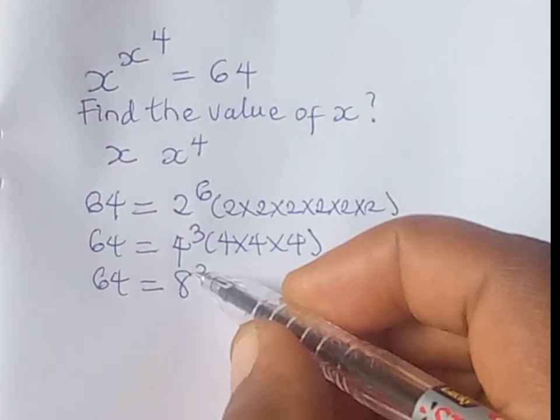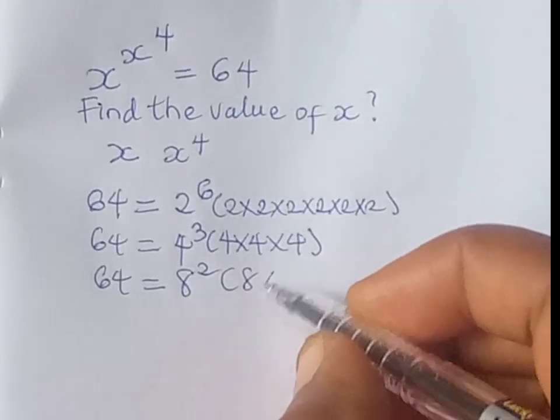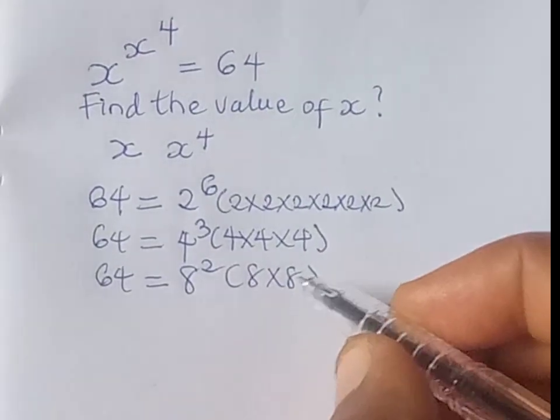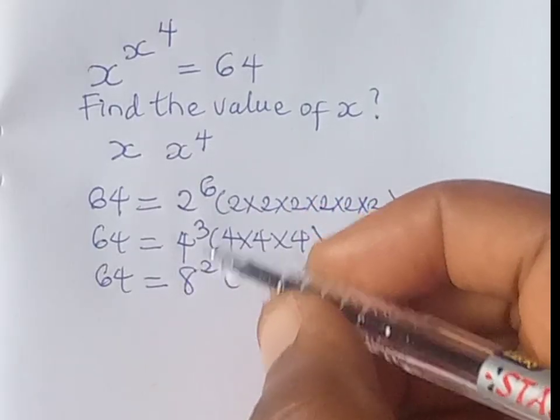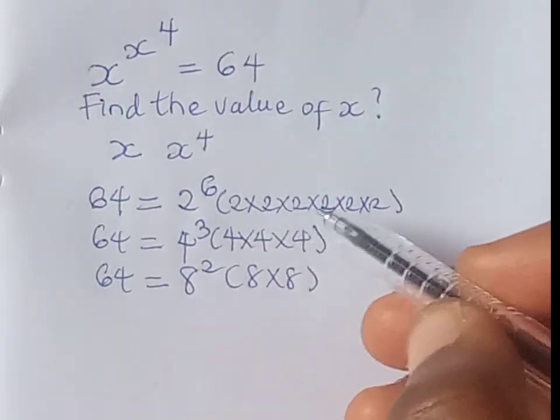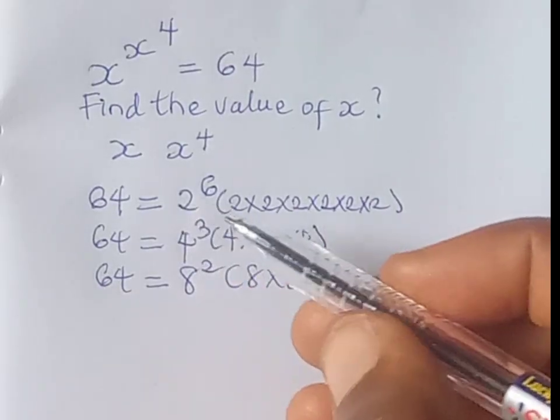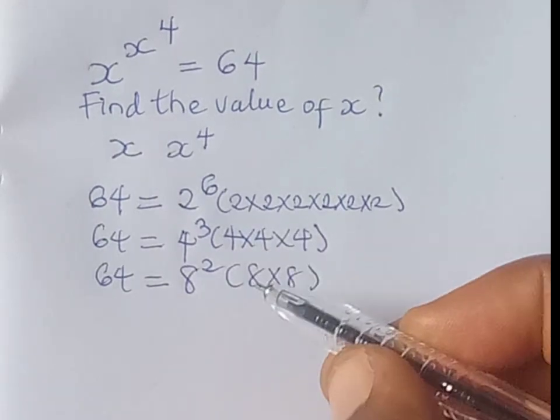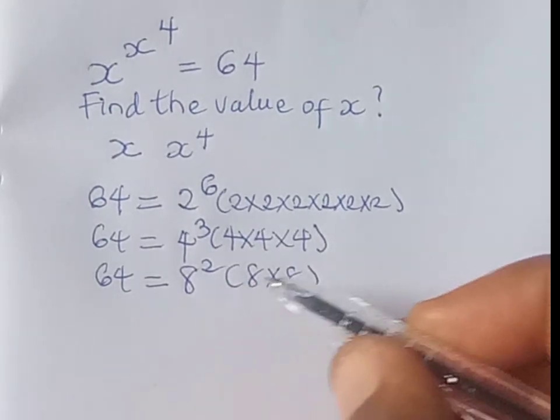And also 64 can be rewritten as 8 squared, that is 8 times 8. These different forms might help us to match the number on the left side. Now let's start with a few obvious simple values.